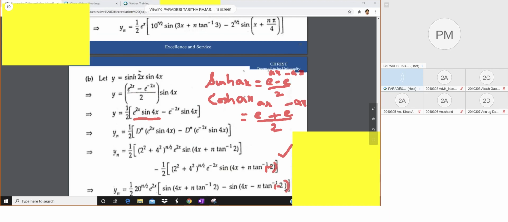Okay. Yeah, this will be a plus then. If you are still continuing with the -2 within brackets, this will be a plus. Any other mistakes?